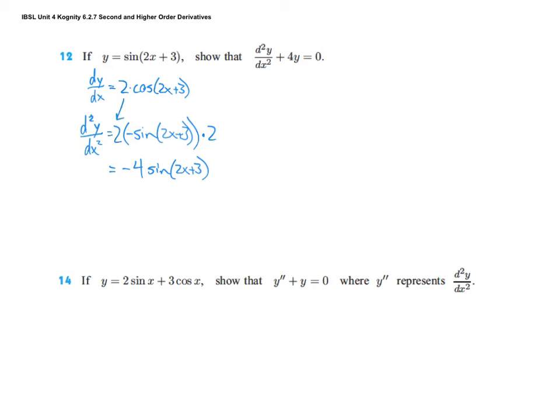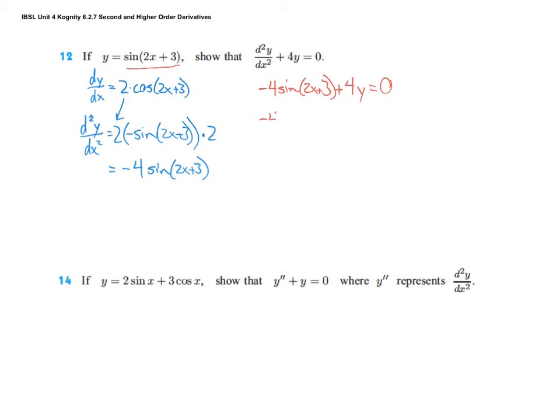But the differential equation here says that the second derivative plus 4y equals 0. Well, the second derivative is negative 4 sine of 2x plus 3, plus 4y equals 0. Well, y was our original function.